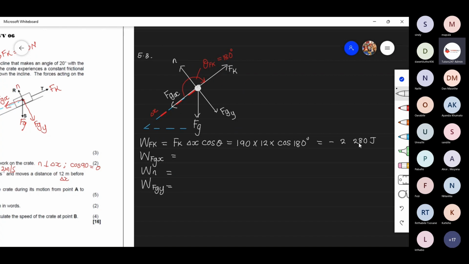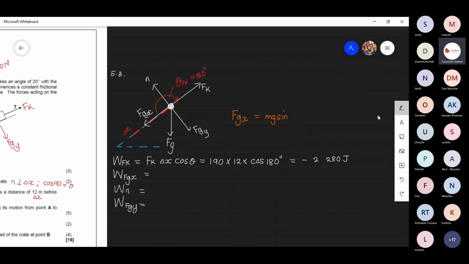So we previously discussed that the formula of FGX can be calculated as mg sine of the incline angle. In this case, let us have a look at what that angle is. It is 20 degrees. Now, that is how we are going to calculate FGX.